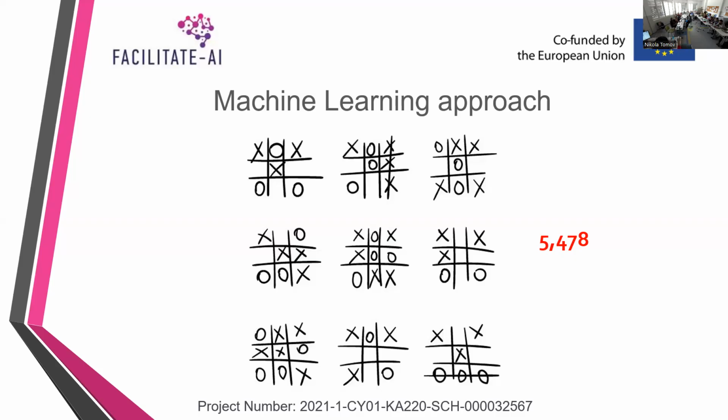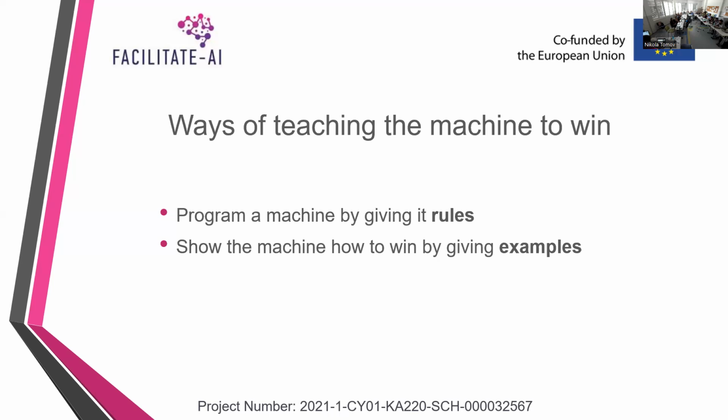And stop bothering me and give me the results, right? So this is an example. Think about chess. Somebody mentioned chess. There are not only 6 rules, of course. And this increases the complexity. Summing up, there are 2 ways of teaching the machine to win. Program it by giving it rules or by giving it examples.